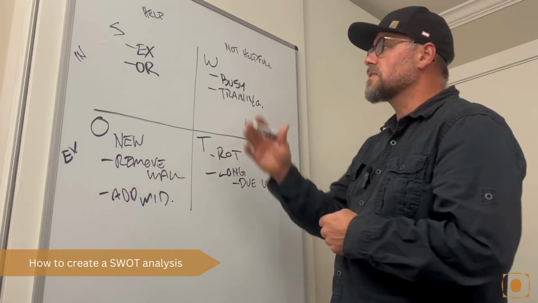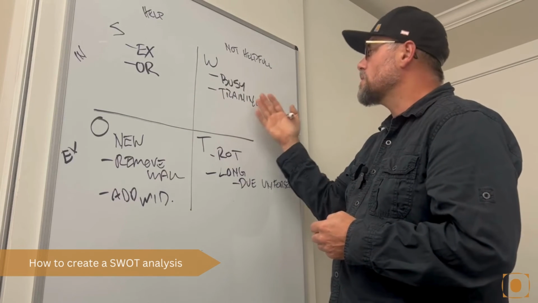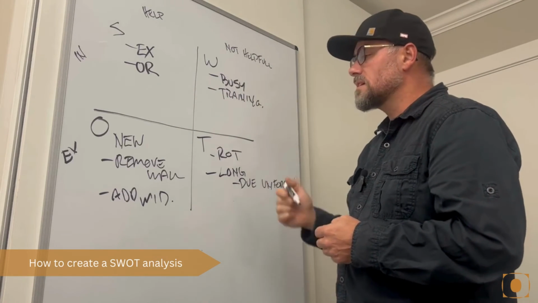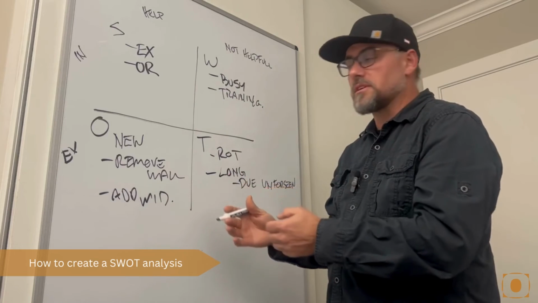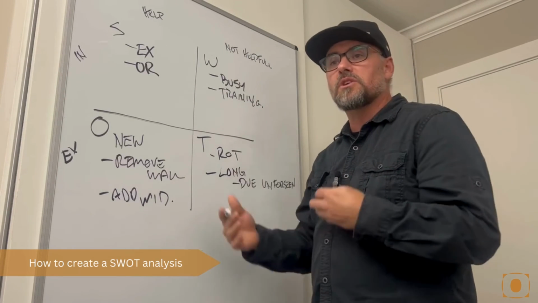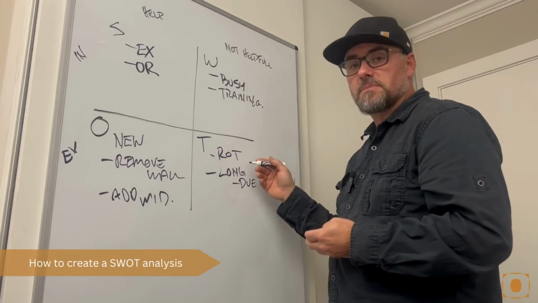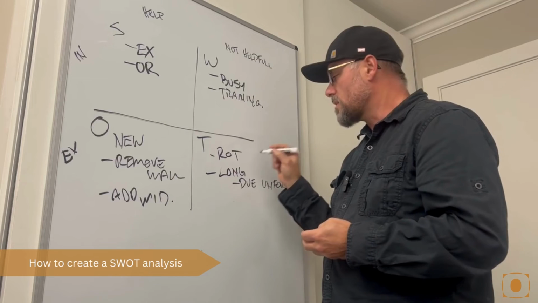And now, instead of looking at, okay, well, can you do the kitchen? Yeah, we can, but we need to train our guys or we're too busy. But you also now look at your opportunities. What can we do while we're doing the kitchen renovation? Because this is where you can really shine as a contractor. And you've got to look at your threats because your owners need to know, well, what are they up against?